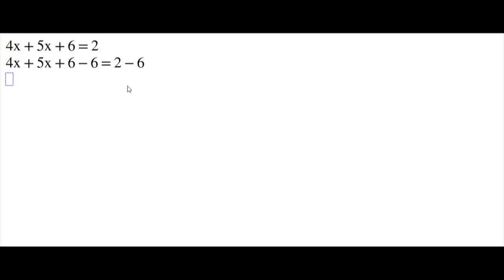And you end up with 4x plus 5x, and you have positive 6 and negative 6, and in turn you end up with 0, which is the same as putting nothing here. And you get 2 minus 6, which in turn gives you -4.